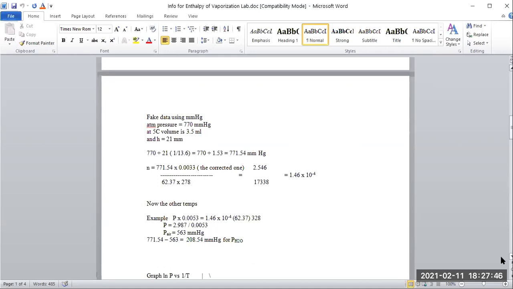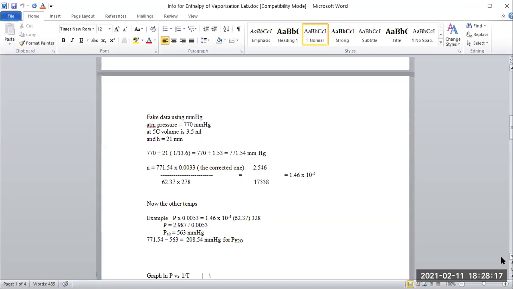Change your V's and change your T's. So if I look at where it says other temps, at a warmer temperature of 328 Kelvin, I had an air bubble of 5.3. Well, actually, it was probably 5.5 with my correction. It's 5.3. And I put my data in, PV equals nRT.